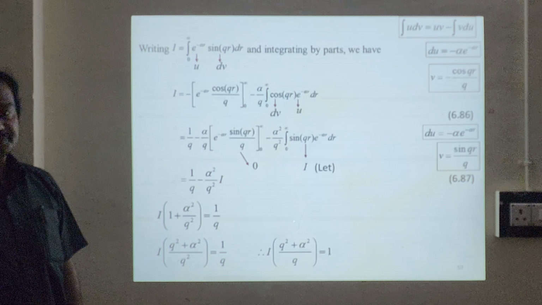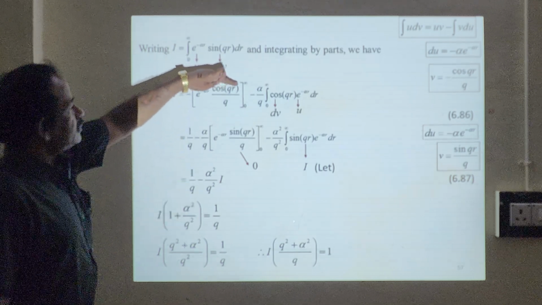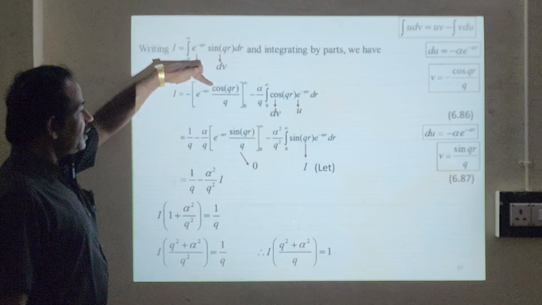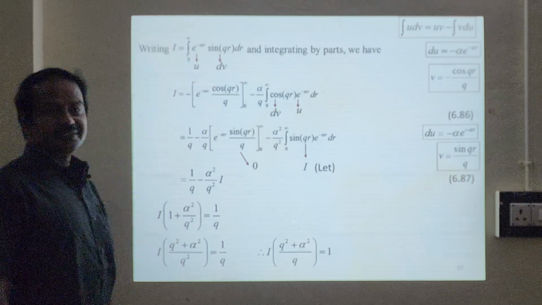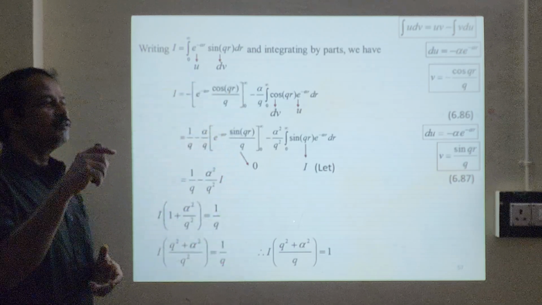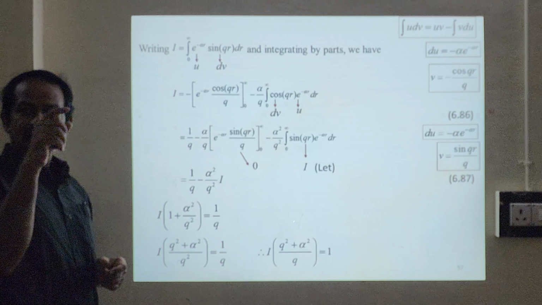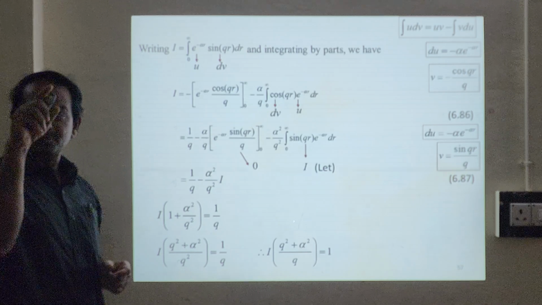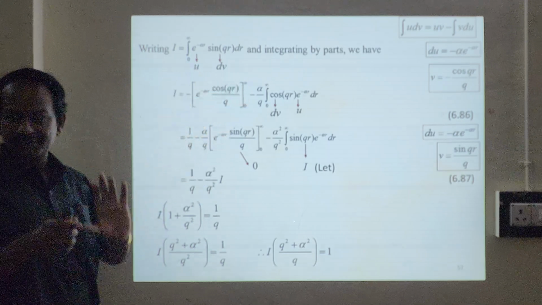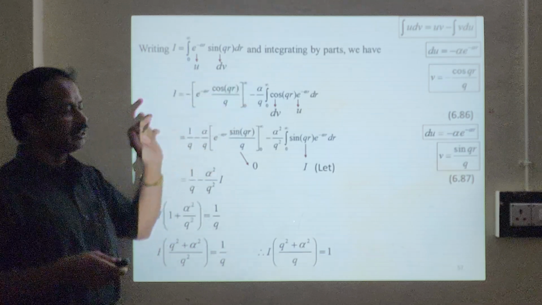Any doubt? Now we are going to substitute. As I said earlier, in e power minus alpha R you substitute R as infinity. So e power minus infinity is 1 by e power infinity, 1 by infinity, and the answer will be 0. So substituting the upper limit, the answer will be 0. Now we substitute the lower limit.